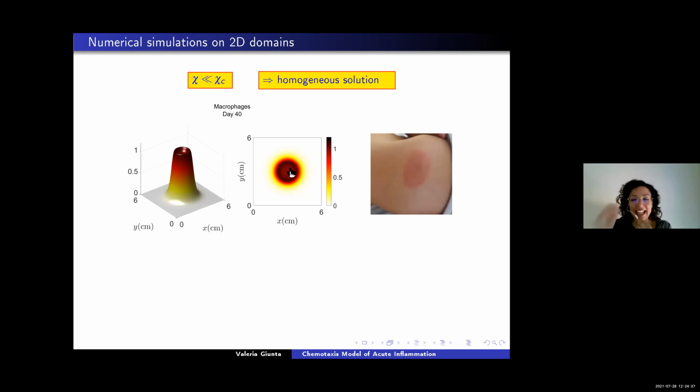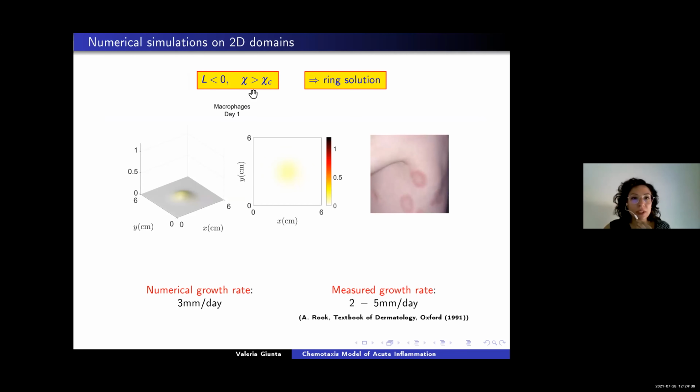The same initial condition, when L is negative and chi is greater than the critical threshold, shows that the rash appears on your skin, enlarges, and the central area clears.